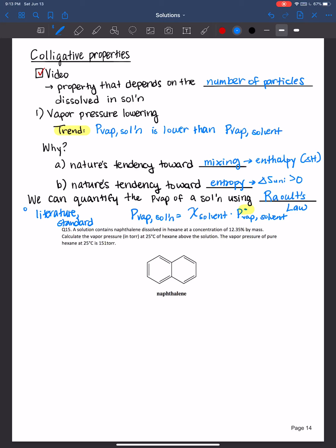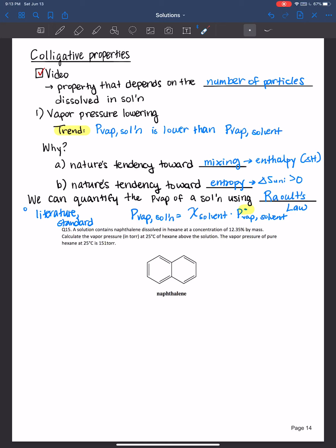So it depends on what literature constant we're looking up here. But yeah, that degree symbol just means you're working under standard conditions. And so this is definitely the vapor pressure of a solvent at 25 degrees Celsius. Okay? And we discussed in the previous video how to calculate mole fractions. I want to make note that it's the mole fraction of the solvent and not of the solute. And then we'll see how that affects the vapor pressure of the solution.